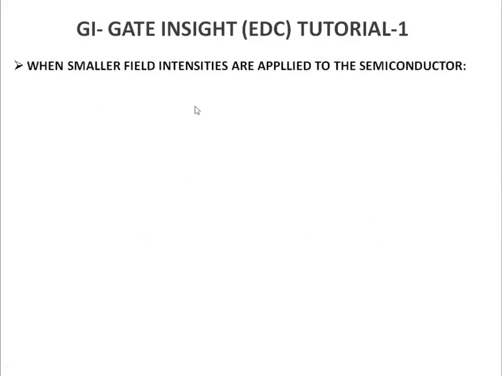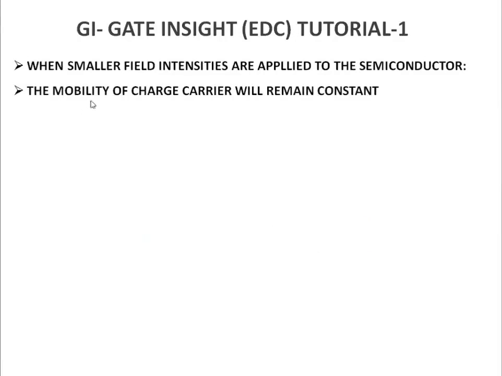So when smaller field intensities are applied to the semiconductor, then the mobility of charge carriers will remain constant. So we have a relation that mu is equal to Vd divided by electric field E. So we can write that drift velocity Vd is equal to mu into E. We know that for smaller field intensities, mu is constant, as we have seen in the graph.